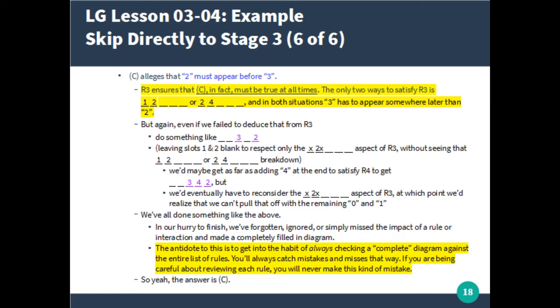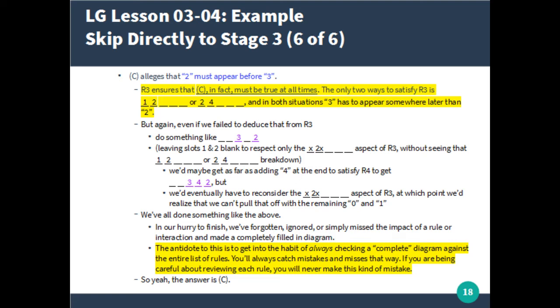So even if we mess up and throw the number 4 in the fourth slot, when we go back and try to fill in slots 1 and 2, we're going to end up with 0 and 1, right? That doesn't satisfy the x-2x relationship. At which point we realize that we can't pull that off with the remaining 0 and 1. So we know that we have to rejigger our picture, and we probably end up with a very similar approach, and we'd end up with 2, 4, 0, 3, 1 again.